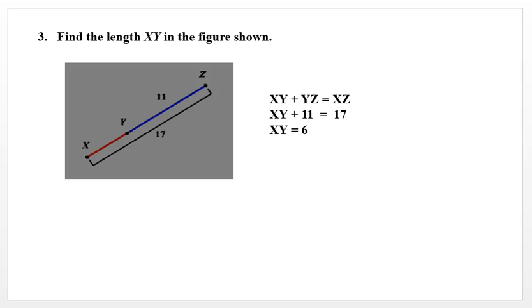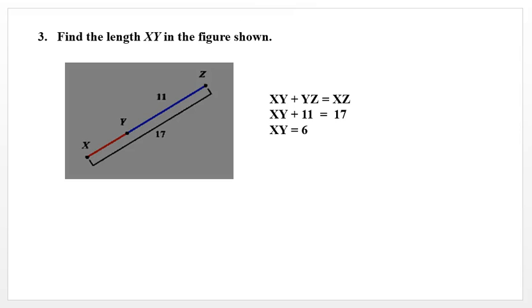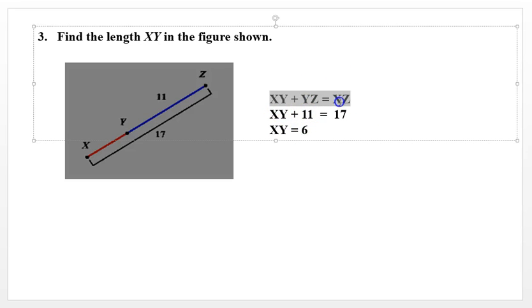Now, just like I showed you in class, one like this uses the segment addition postulate. It says find the length XY in the figure shown. We are given that XY plus YZ is equal to XZ.